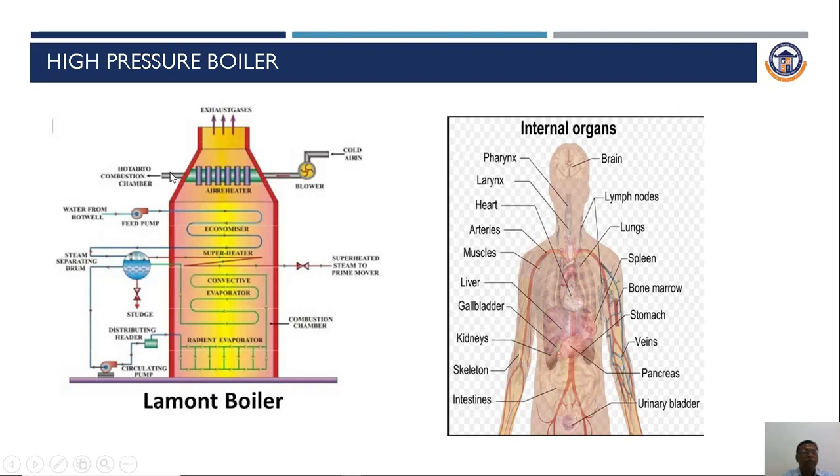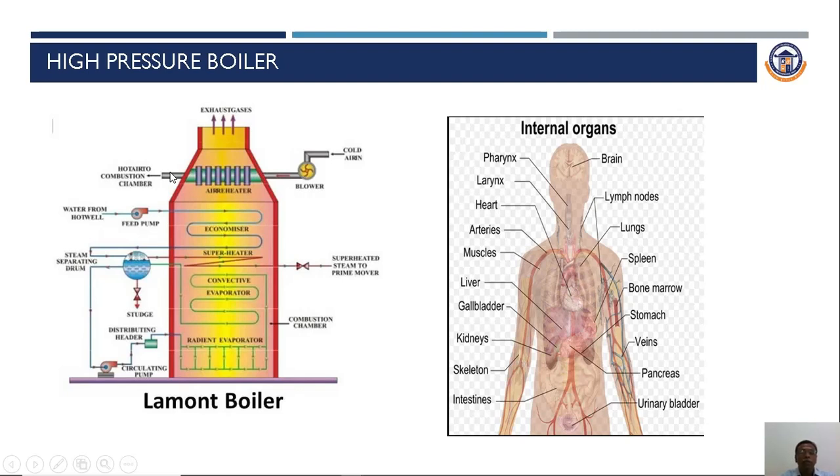Similarly, the economizer, superheater, conventional evaporator, radiant evaporator, and air preheater are all components available inside the boiler unit. These are known as accessories. The accessories are used to enhance the performance of the boiler. It is similar to the inner organs of our body.